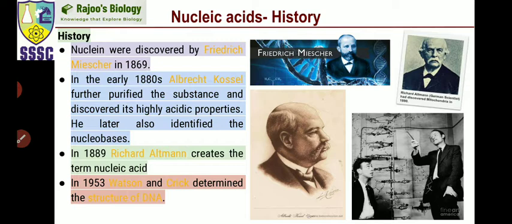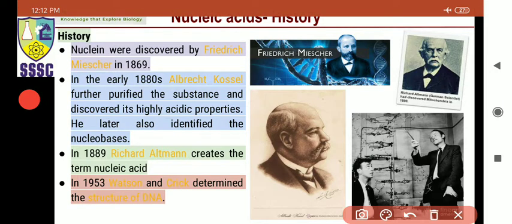In 1889, Richard Altmann coined the term nucleic acid. In 1879, Altmann gave the name nucleic acid. And in 1953, Watson and Crick determined the structure of DNA, the double helix DNA. So these are the two scientists, Watson and Crick, who showed the double helix structure.